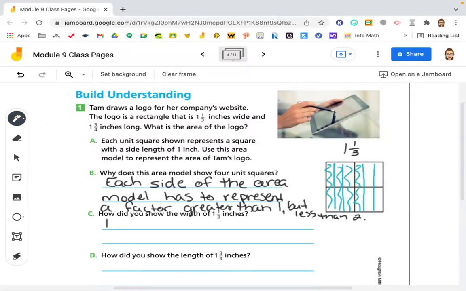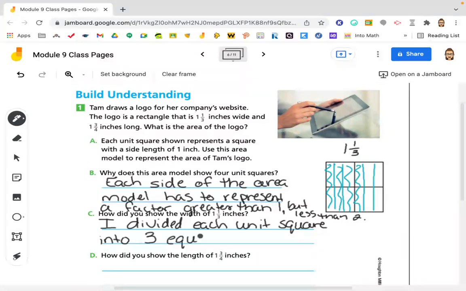So I divided each unit square into 3 equal columns and shaded 4 of the columns.